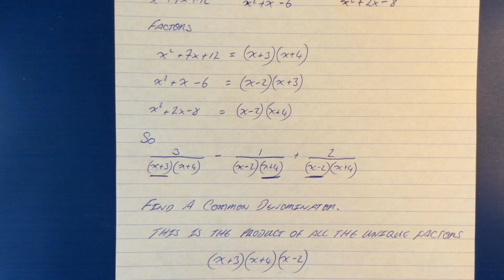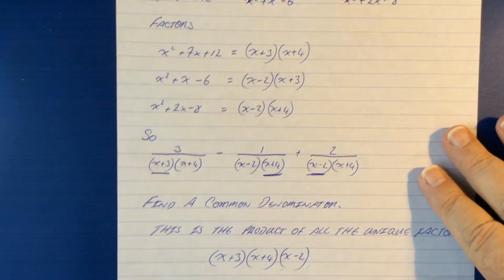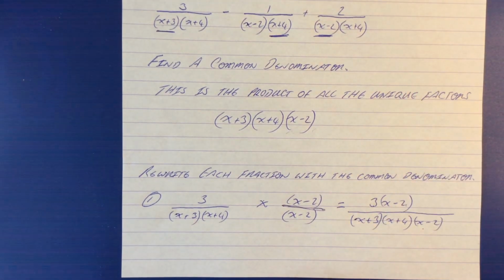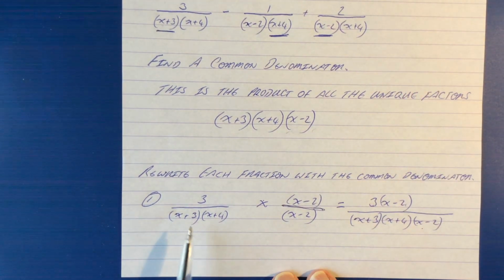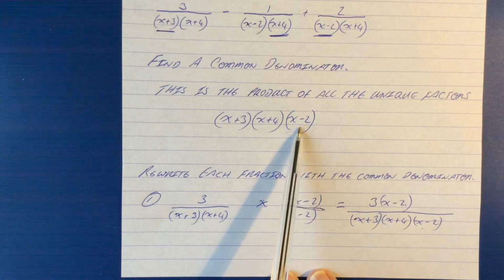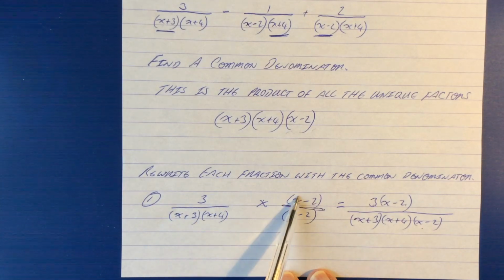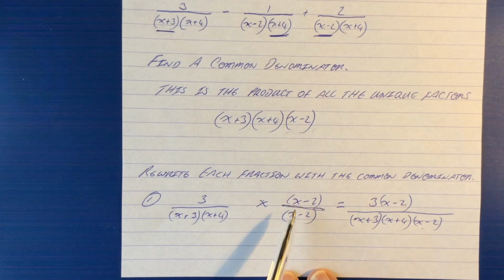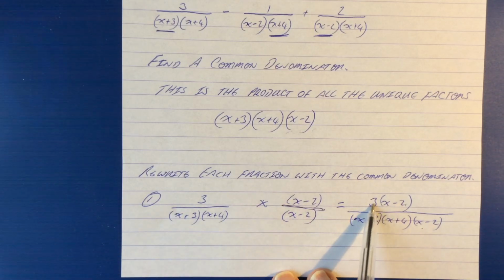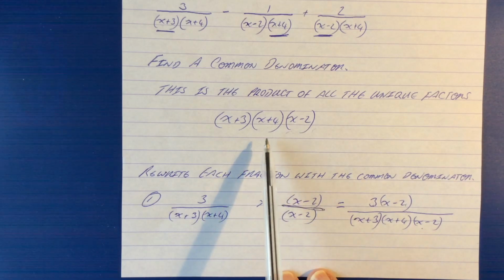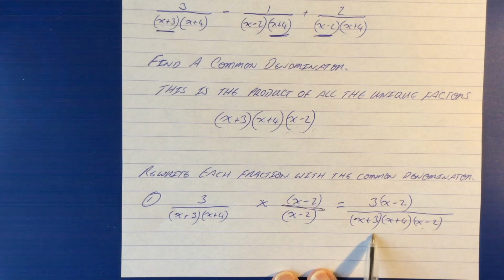Now, applying that, what we then need to do is rewrite each fraction with the common denominator. That means taking the factor that is missing in the first one and multiplying it by that factor over itself, effectively multiplying by 1. And we wind up with this. And you will note that the denominator here is the product of all the unique factors, or it would be if we multiplied it up.